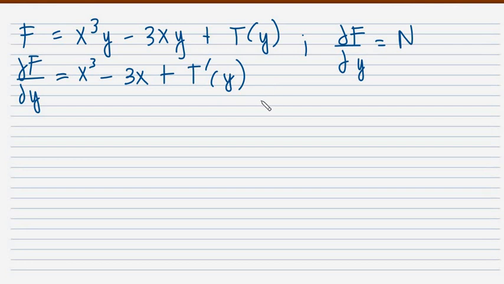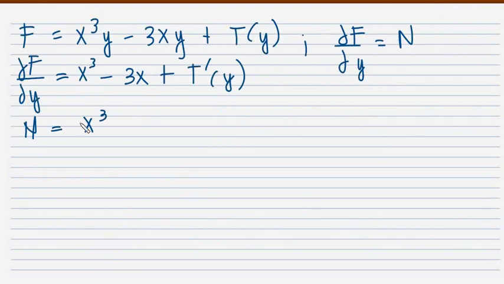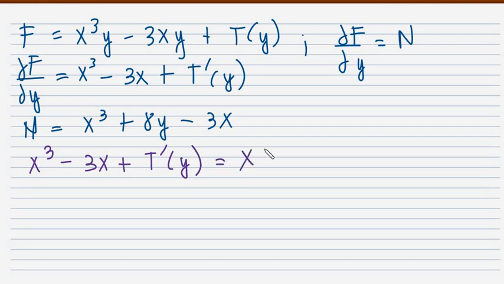Okay, then we will equate this with our N. N is equal to x cubed plus 8y minus 3x. So x cubed minus 3x plus t prime of y is equal to x cubed plus 8y minus 3x. So x cubed cancels out, 3x also cancels out, and we're left with t prime of y is equal to 8y.